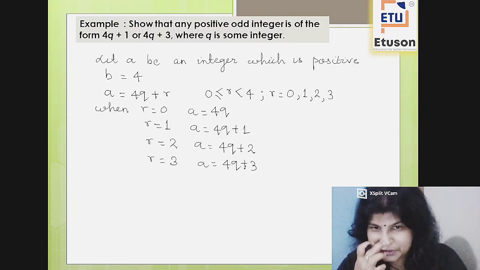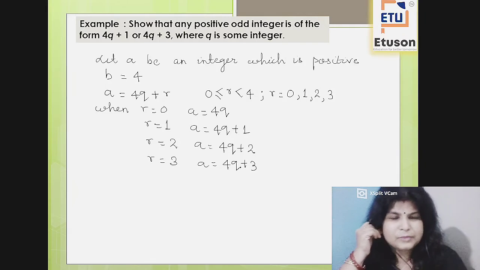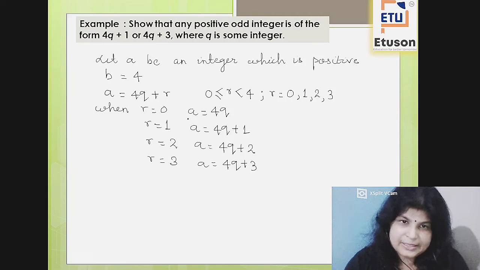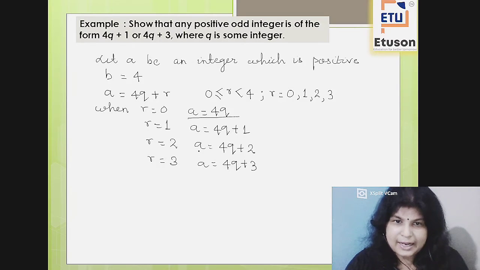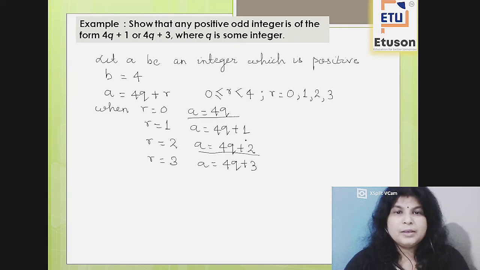Correct or not? So now from these expressions, you can observe that in case of a is equal to 4q and a is equal to 4q plus 2, it is a factor of 2. Correct or not?